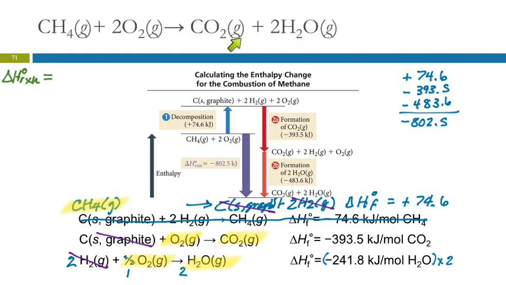So making 1 mole of CO2. There's a 1 here. 1 mole of CO2. Well, the heat of formation for that is 393.5. It's negative. So minus 393.5 kilojoules. And I'm making 2 moles of water. So plus 2 times the heat of formation for water, minus 241.8.